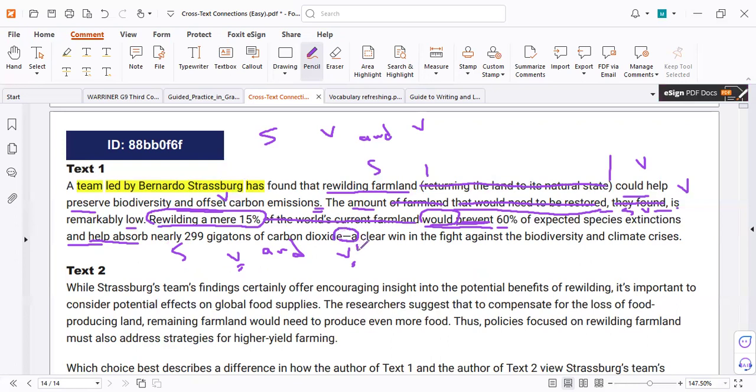Dash means this is additional information, like an additional positive phrase. He said, all of these actions, a clear win-win in the fight against the biodiversity and climate crisis. This is positive words to explain something before. If you don't understand the sentence, try to understand from the explanation. Catch it?